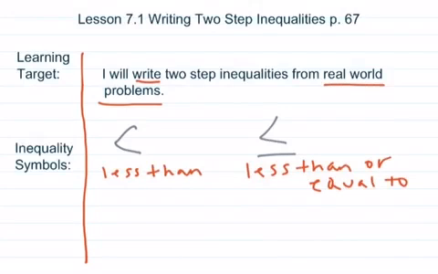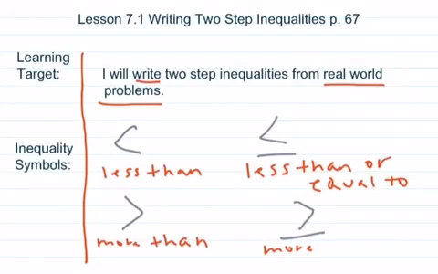And if you flip it, if the bigger area is opening to the left, this symbol would read more than, and then more than with the line underneath it would be more than or equal to.